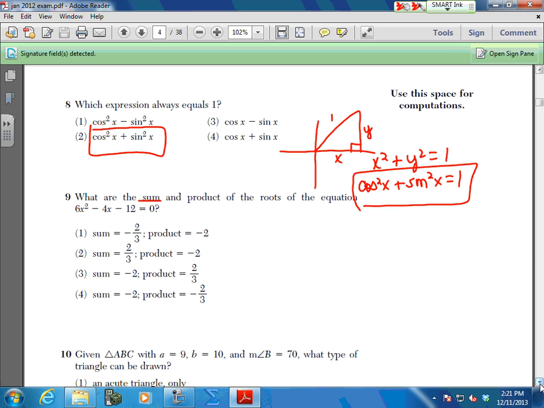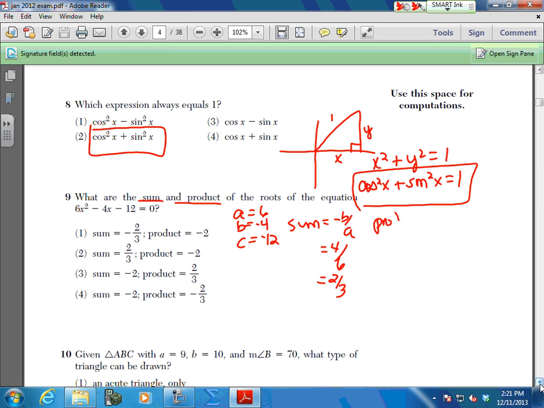Here's the sum and product. Again, we see this. So pull out A, B, and C. So your sum is negative B over A. Be careful of your negative 4, a negative of a negative, positive, and reduce this, unless they didn't reduce it there, but they did.